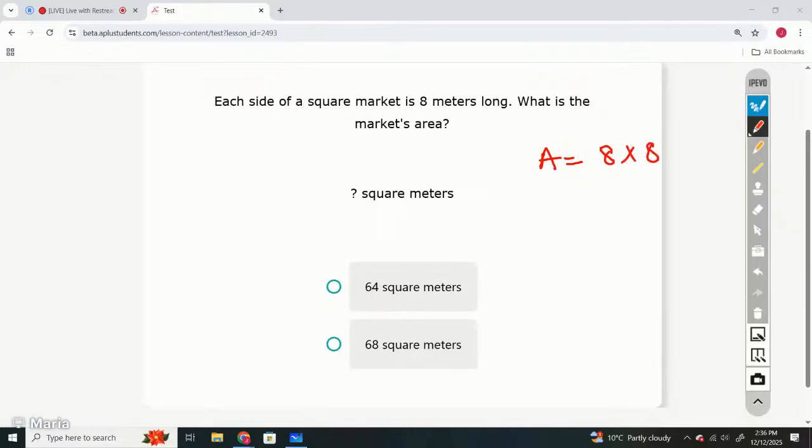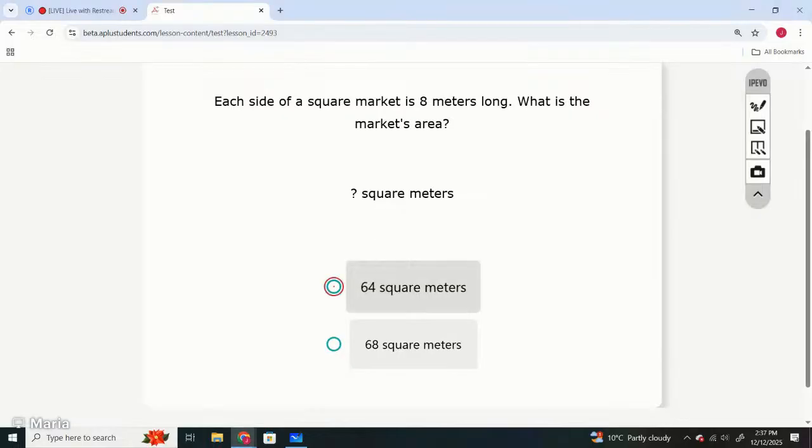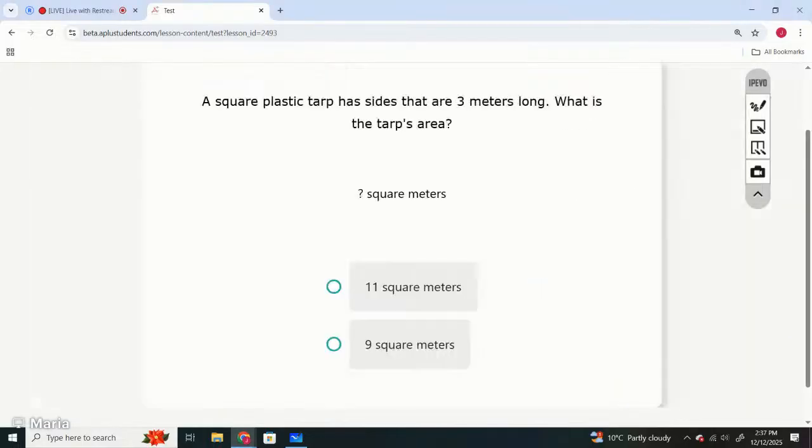So that is 8 times 8, that equals 64 square meters. Option number 1 is the correct option.